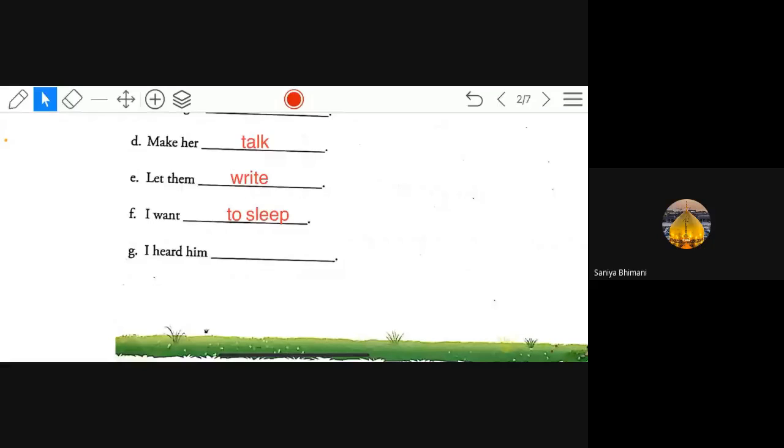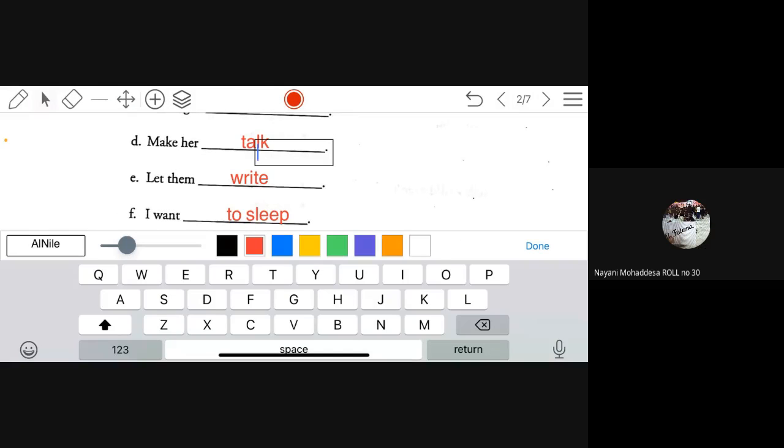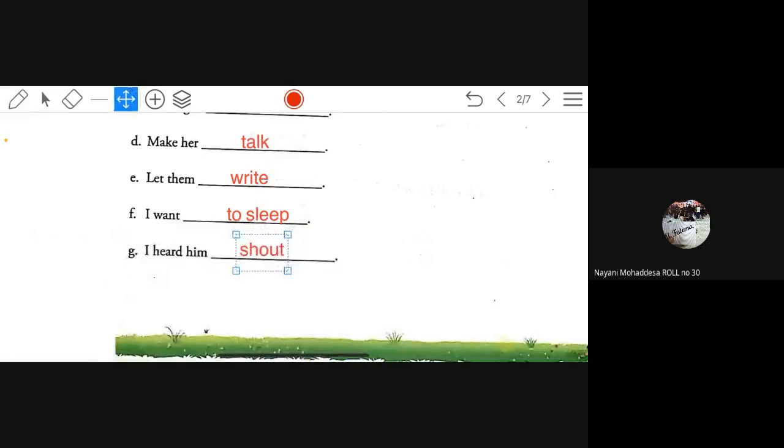Him is a pronoun. I heard him shouting. Shouting is also not the verb. It means it is not an infinitive. Present form of the verb. Shouting becomes shout. I heard him shout. Then you can also write I heard him speak. That is also correct.